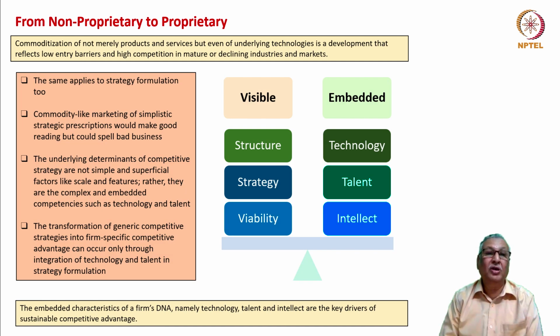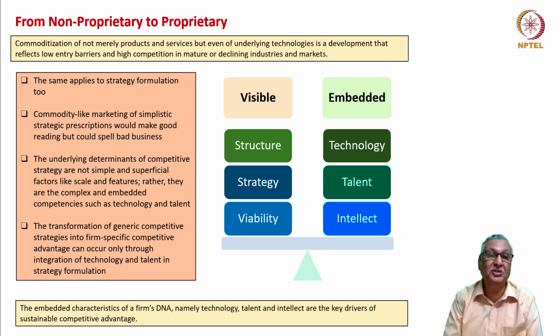We have to move from non-proprietary to proprietary as part of this. Strategy formulation also has to be proprietary to the firm. What we read in the book alone cannot be the strategy. We have to develop a strategic framework which is relevant to our firm, and we should be able to do our own approaches.